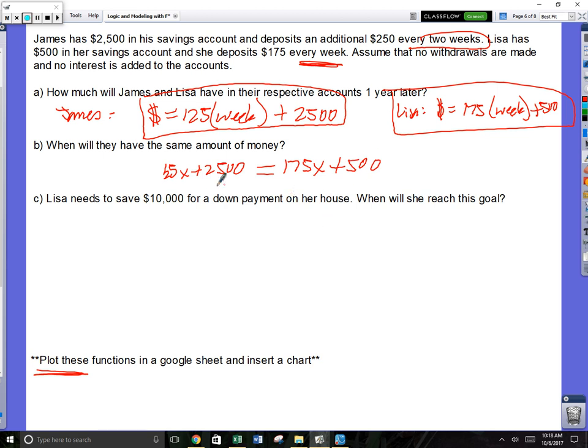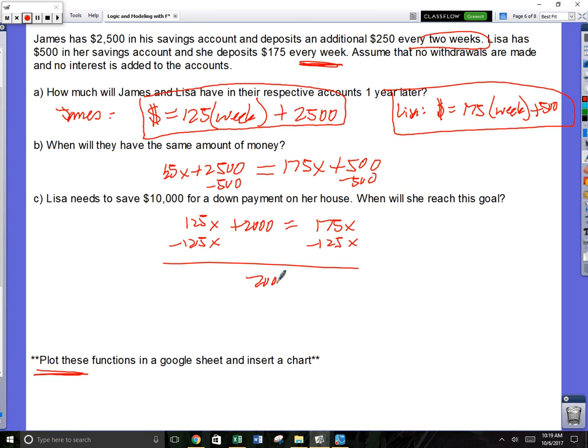So I'm going to minus 500 minus 500, and we're going to have 125x plus 2 grand equals 175x. Then I'm going to minus 125x minus 125x. And we got 2 grand equals 50x. Divide by 50, divide by 50, and x is 40. And x is weeks, so at 40 weeks they're going to be equal.